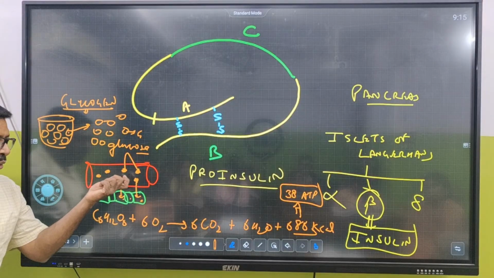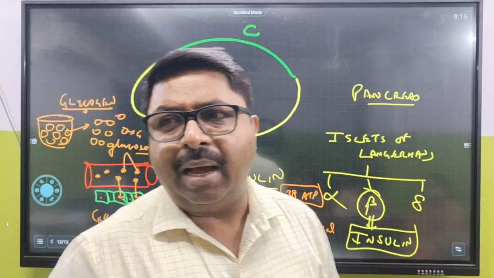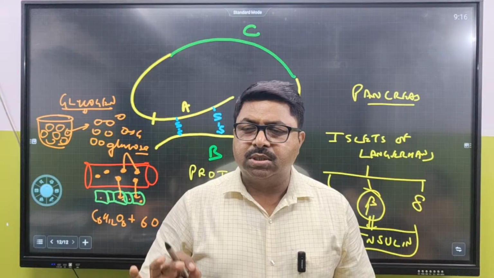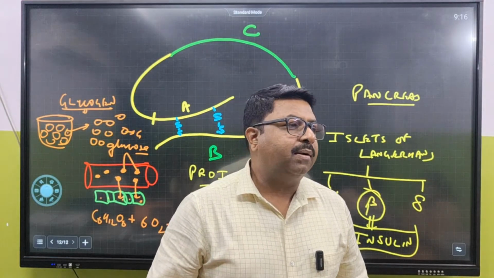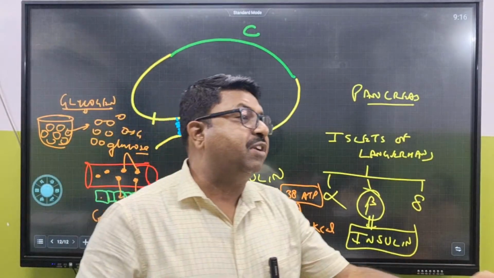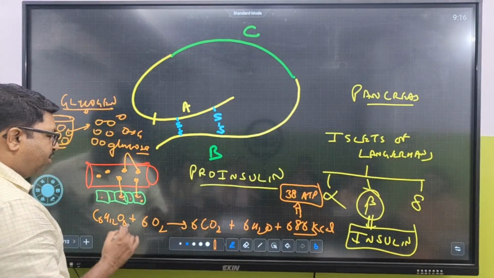But from the blood vessel, how will glucose come inside? Who is going to tell me? Class 11 biomolecule topic. A receptor which can help in active transport of glucose. What is the name? GLUT4. Very good.